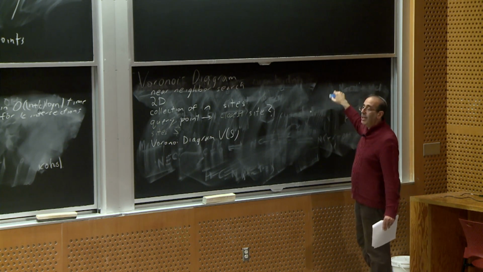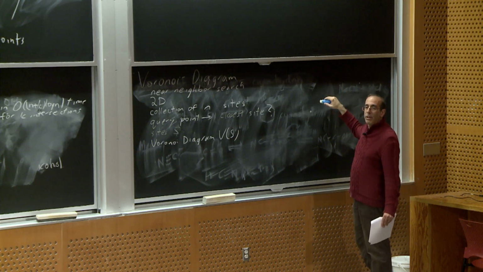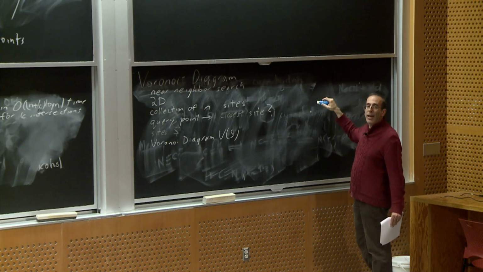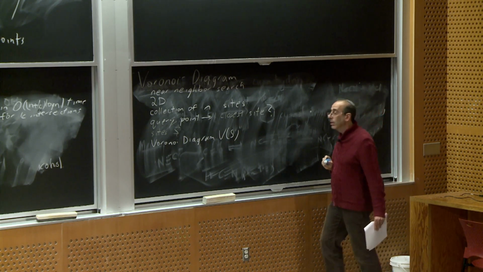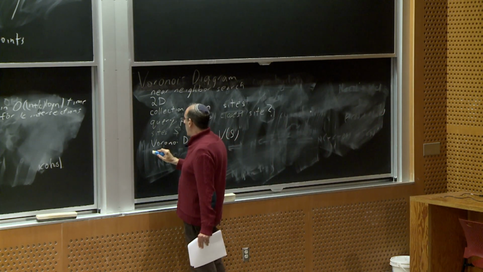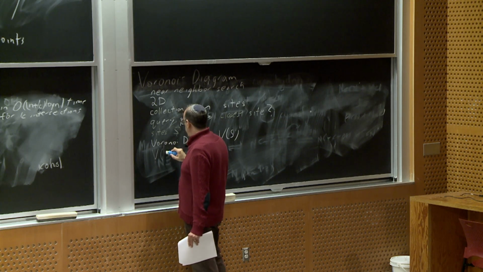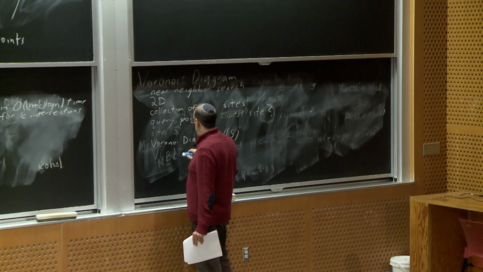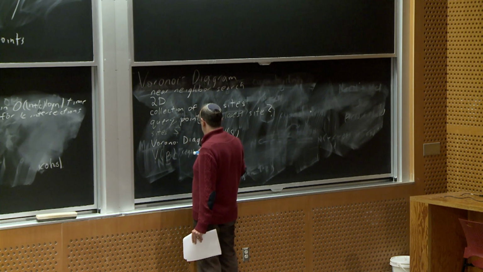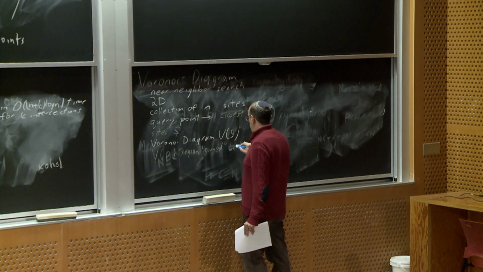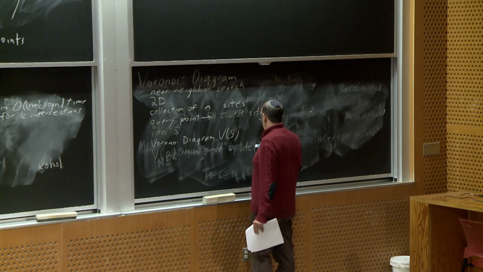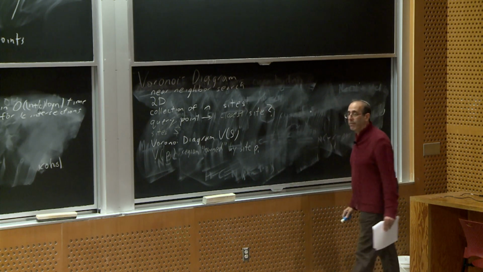Basically, there's going to be a region near each point that is owned by that point. It's closer to that site than any of the other sites, right? So we're going to use V of p_i to denote the region that is owned by site p_i in this collection.